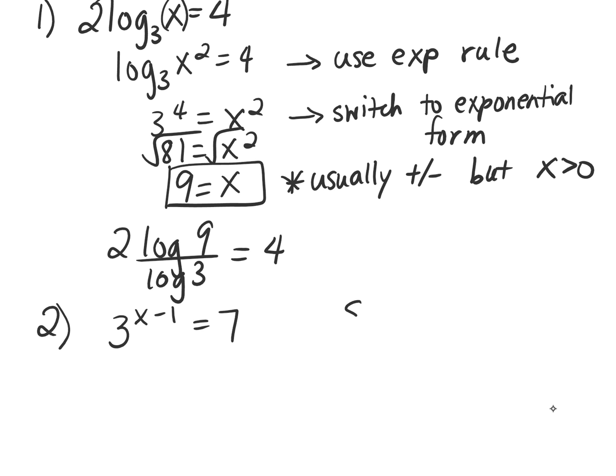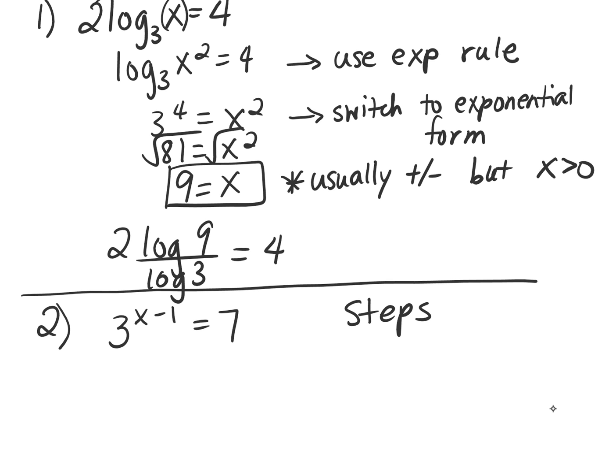All right, our steps for solving an exponential equation. So now we're in an exponential equation that we actually can't solve by breaking down. 3 and 7 do not have a base in common. So the way we are going to solve this is we are going to take the log of both sides.